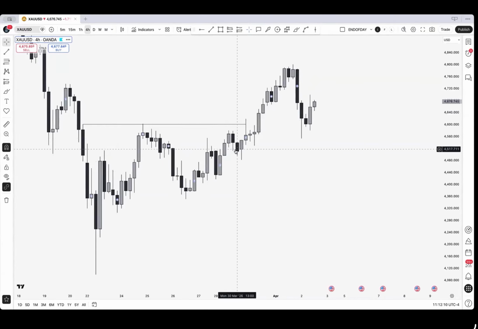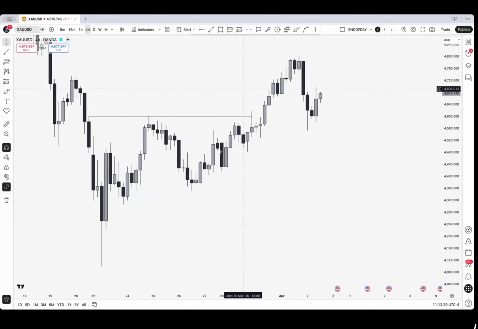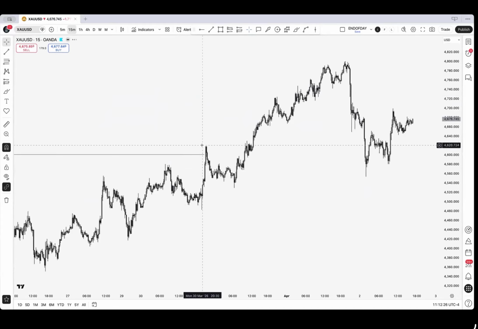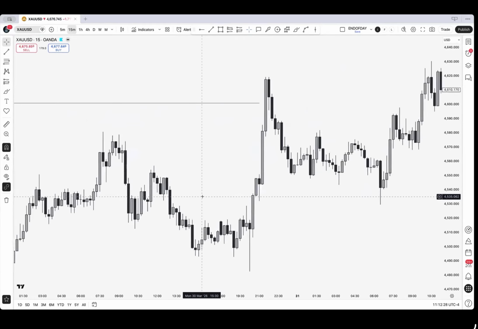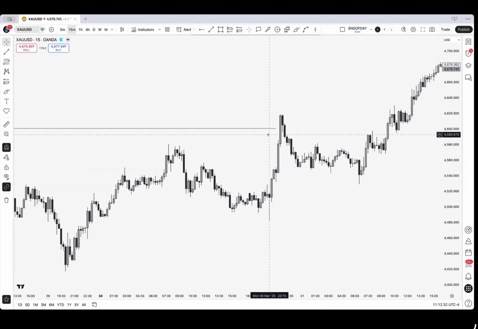So let's go over that price action. We induced above those highs. A lot of people were trying to look for sells. I honestly don't know why. There was no reason to try to catch the extreme of this. So once we traded above these highs with this impulsive move, we induced buyers.